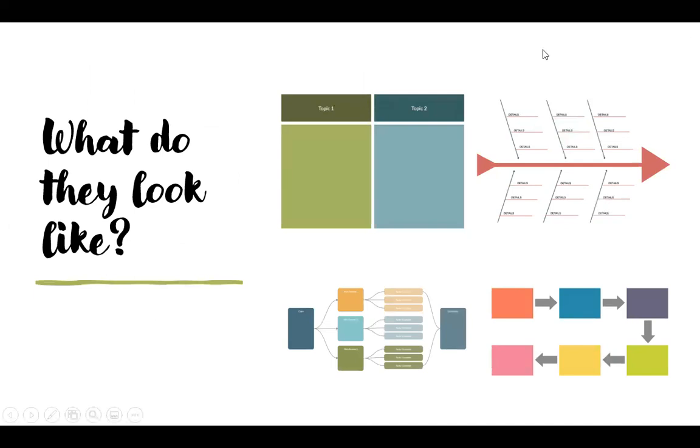Here are some examples. The first one is a graphic organizer that organizes ideas into columns, topic one and topic two. Another one that looks like fish bones is another graphic organizer. There is a base over here, a direction over here, the point. There's also the one that looks like one area with branches, and each branch has more branches.